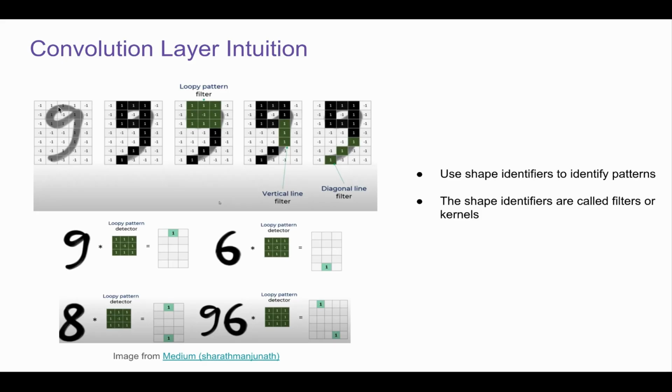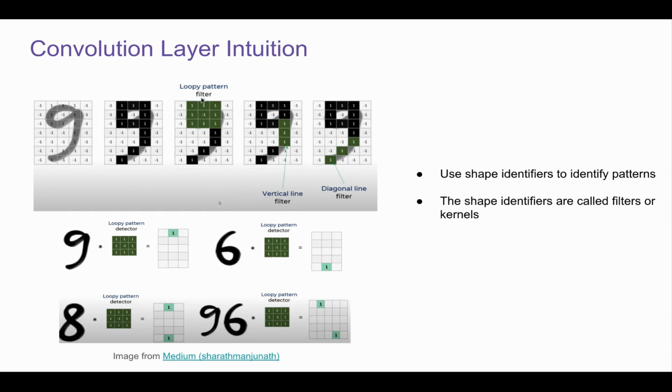This is a follow-up example of how we capture those patterns. For example, for this handwritten 9, we put it in a matrix. We want to represent this 9 in a matrix representation. If there is black ink within a box, we put it as 1. If there's no black ink, we put it as -1. This is the matrix representation of this handwritten 9.